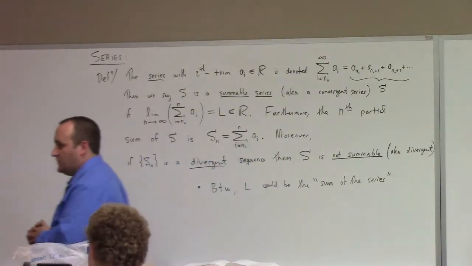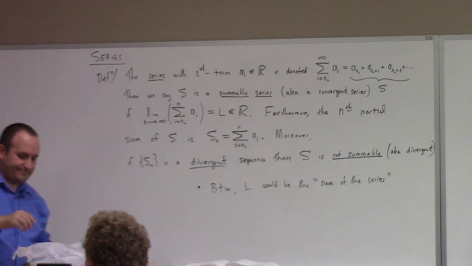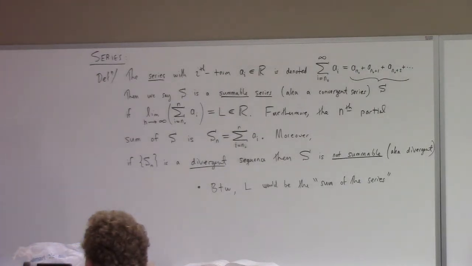So why does it diverge then? With this argument, we can also say that the sum diverges when 0 is less than p, less than or equal to 1.